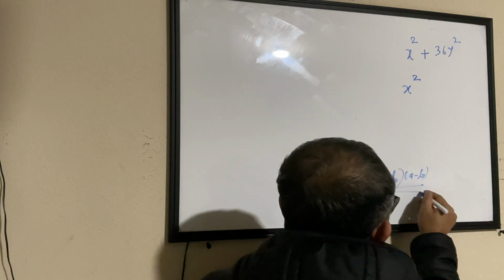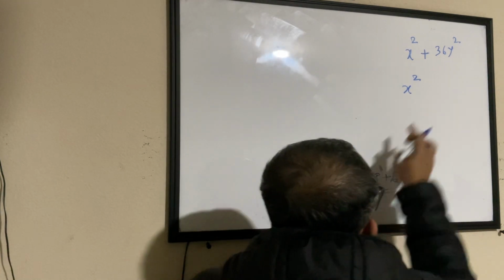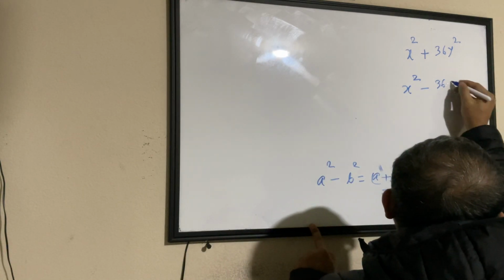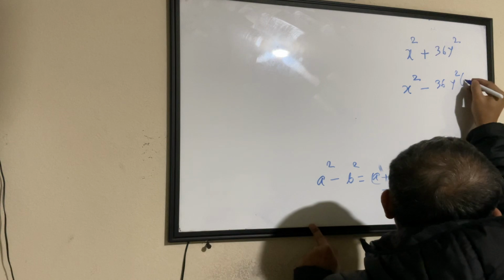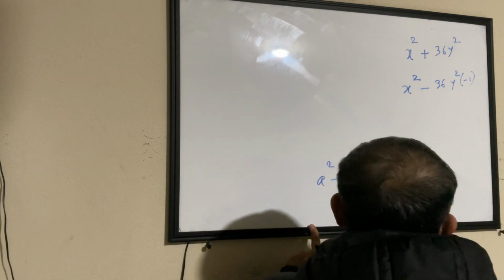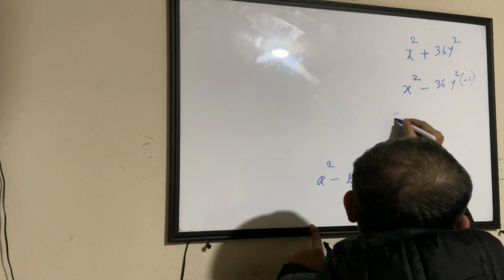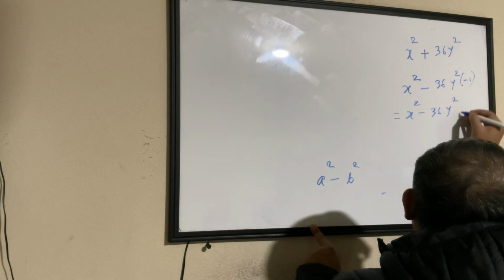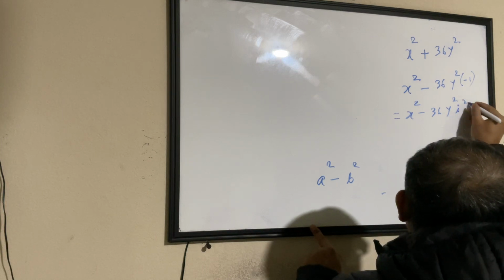To achieve that, we have to get a negative here. So if I want to get a negative here, I can do that by putting a negative here.